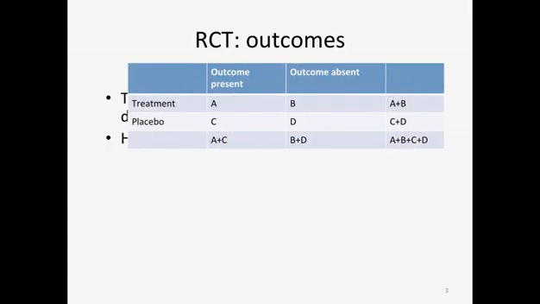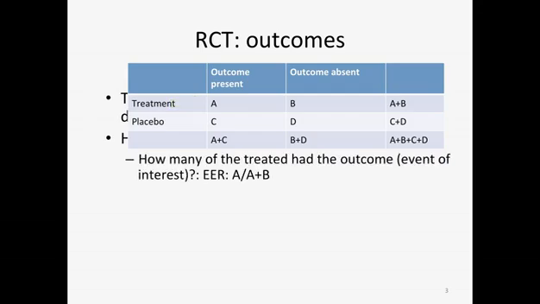In this table, A plus B patients received the treatment. Of this, A got better. The ratio A by A plus B gives the proportion of people in the experimental group that experienced the outcome. This is called EER, or experimental event rate.